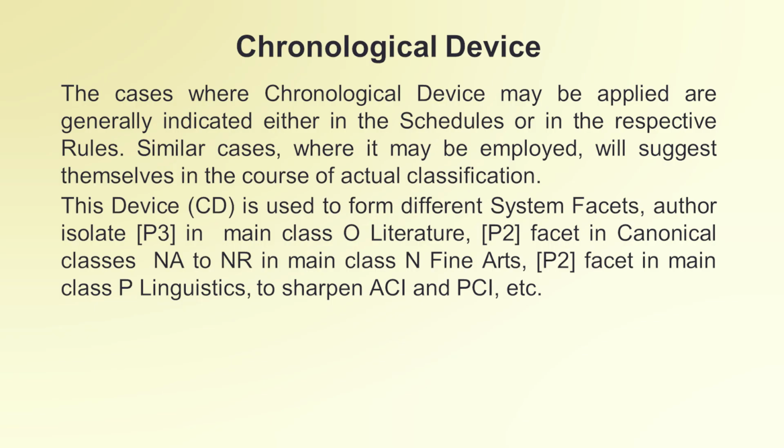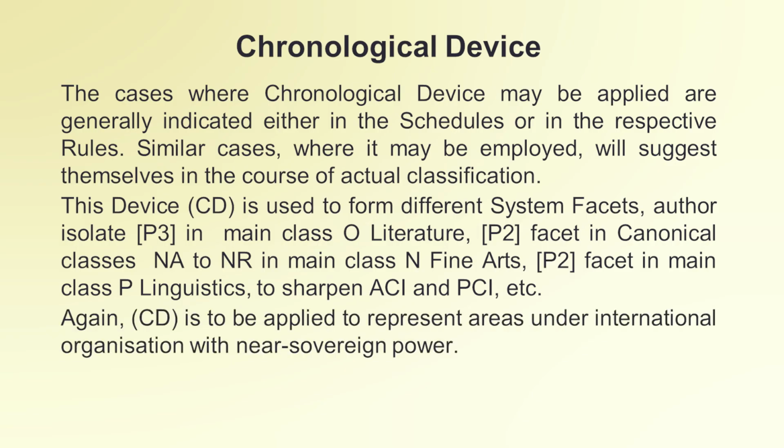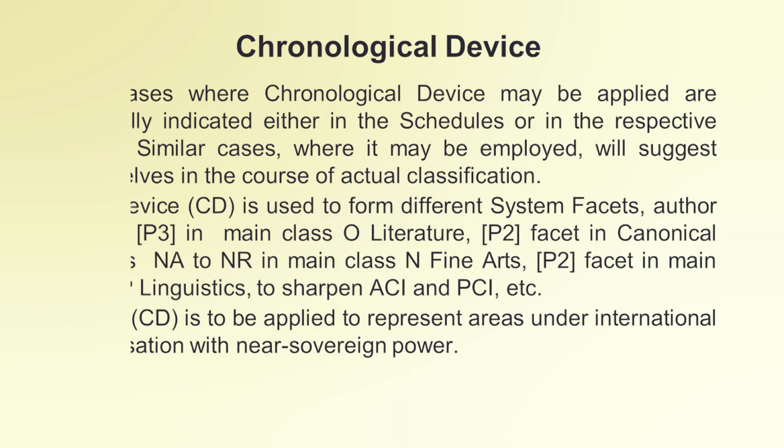Chronological device is used to form different system facets: the author isolate in main class O literature, the second level personality facet in canonical classes of fine arts, that is NA to NR canonical classes, and again in the P2 facet, that is the second level facet in main class P linguistics, to sharpen anteriorizing common isolates and posteriorizing common isolates, etc. Again, chronological device is to be applied to represent areas under international organization with near sovereign power.